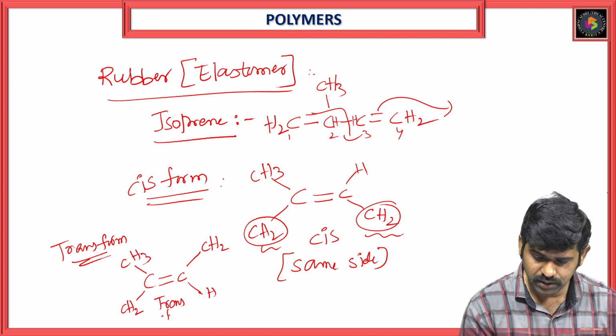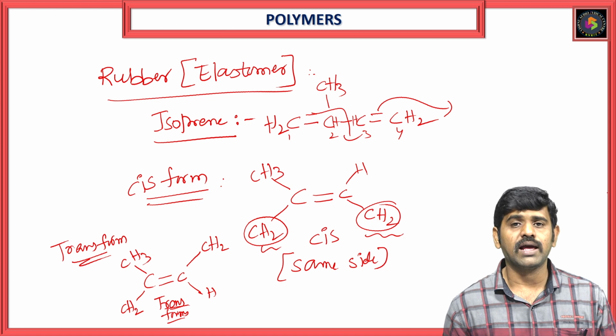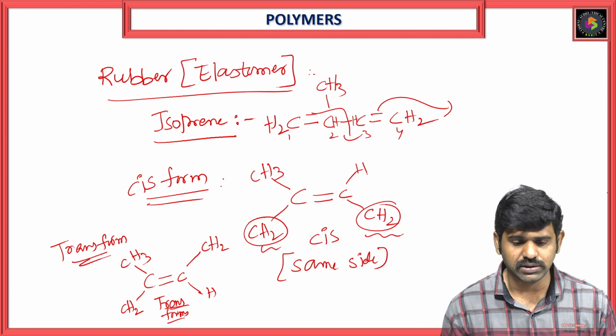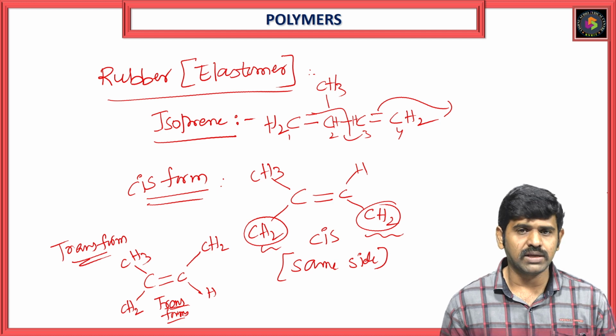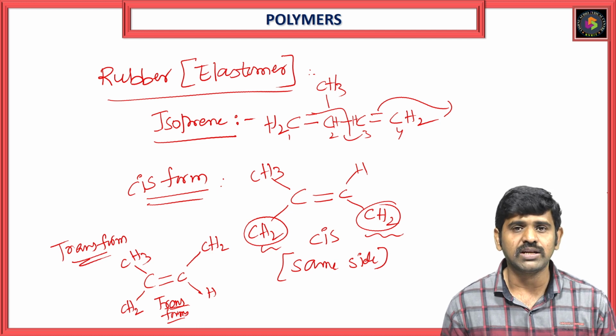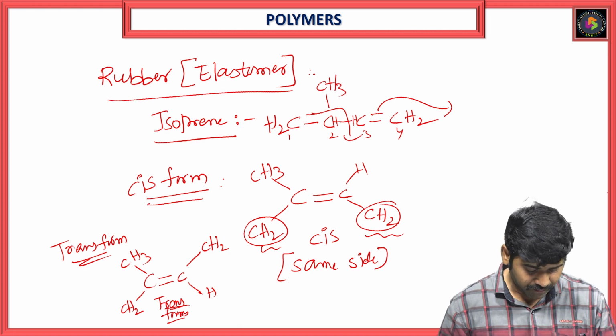Cis and trans are called geometrical isomers. So rubber is an elastomer, generally capable of returning to its original shape, length and size after being stretched or deformed. So this is about rubber.